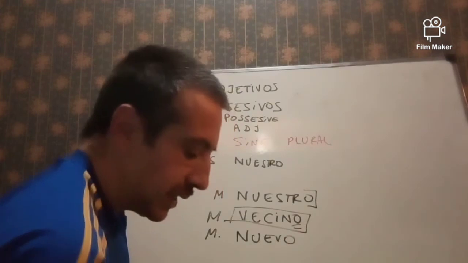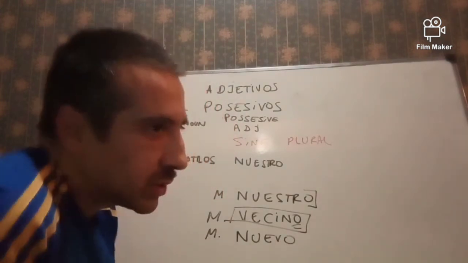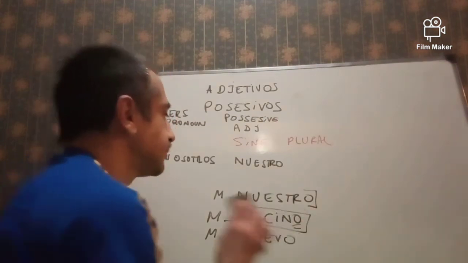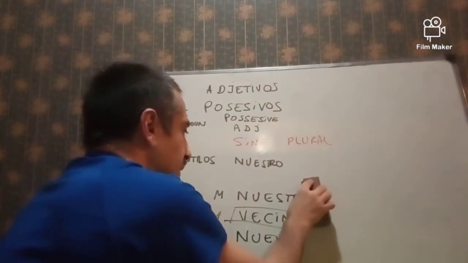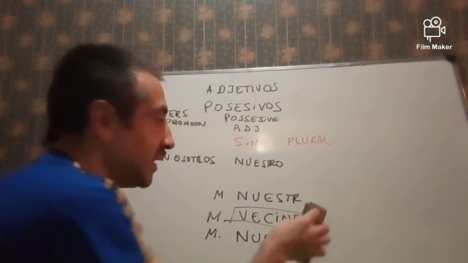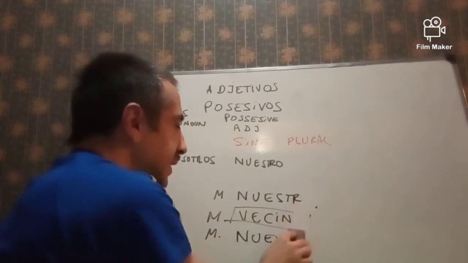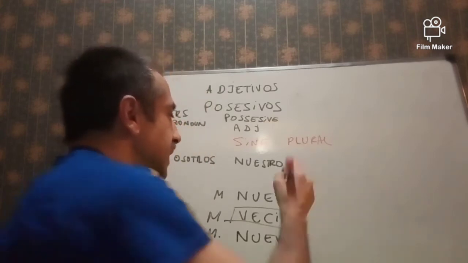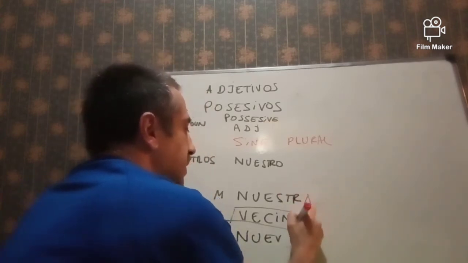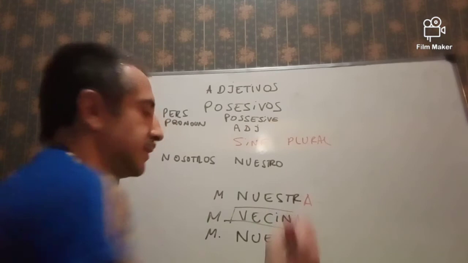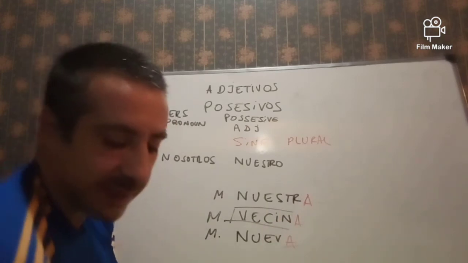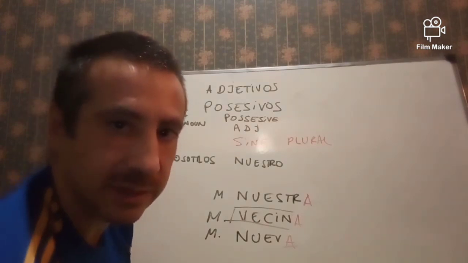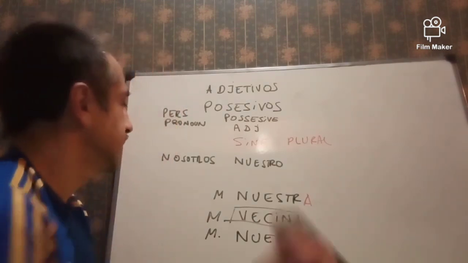If we talked about a woman, we'd say nuestra, I guess you already know this, nuestra vecina nueva. So we have to change this part. And the plural will be the same for both, just adding the letter S.